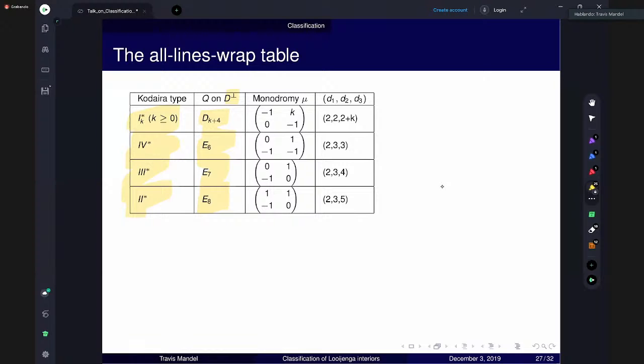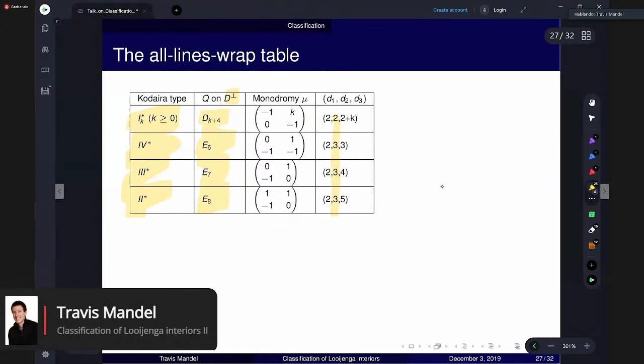So those monodromy matrices look like these. And all these cases come from taking P2 and blowing up 2 points on one boundary divisor, 2 or 3 points on another, and then either 3, 4, or 5, or however many points on the third boundary divisor. So that's what these are saying. It's how many points you're blowing up on each boundary divisor of P2. So yeah, those are the all lines wrap cases.